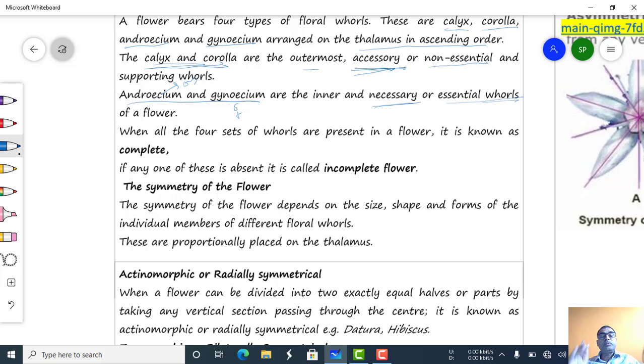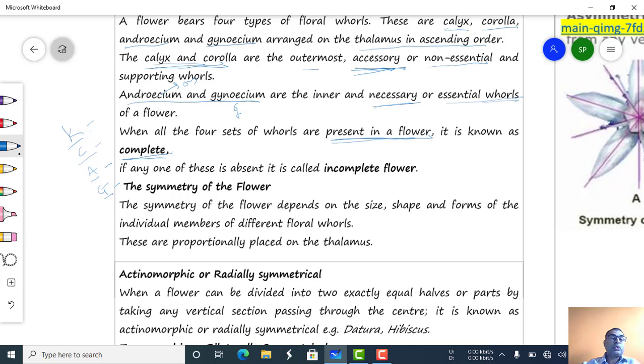When all the 4 sets of whorls are present in a flower, then the flower is said to be a complete flower. Calyx, corolla, androecium and gynoecium are the indicators in the floral formula.